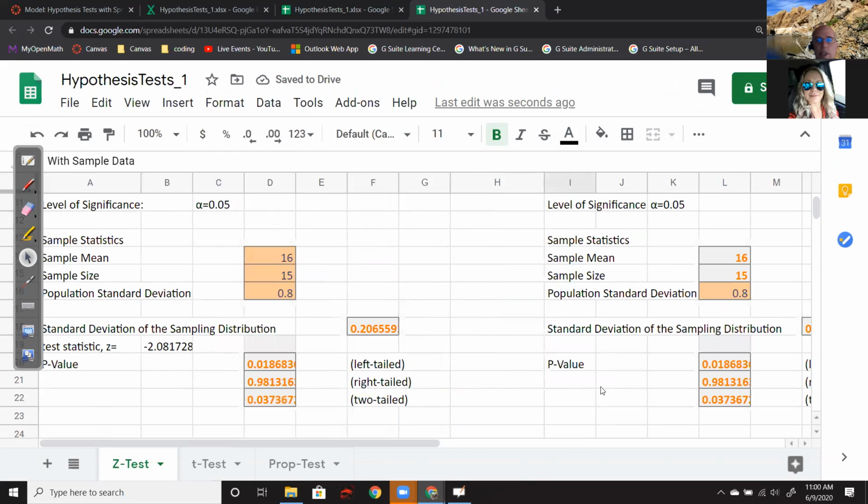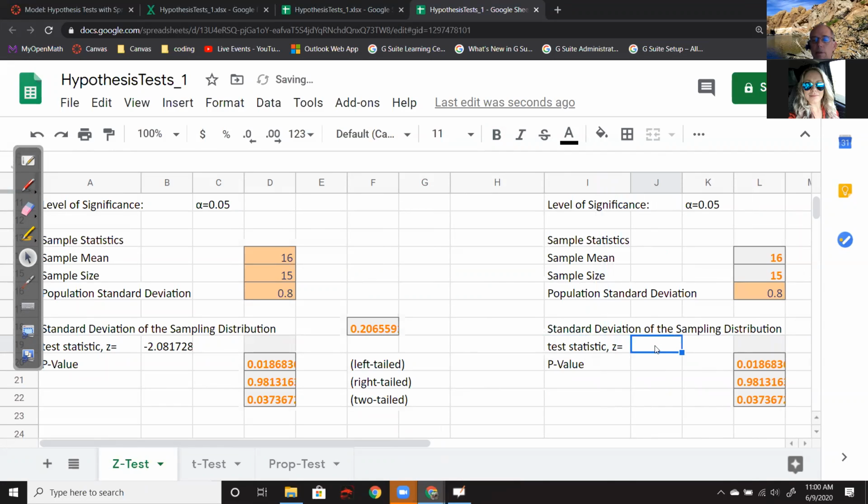So row 19, column I, would type the same thing, test statistic, comma, Z equals, and then let's make that column a little bit wider.